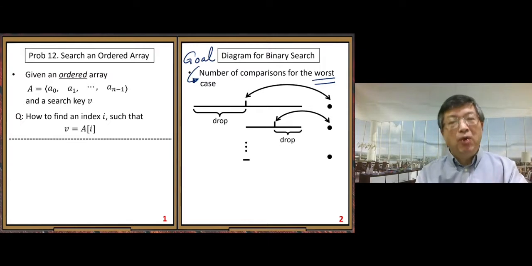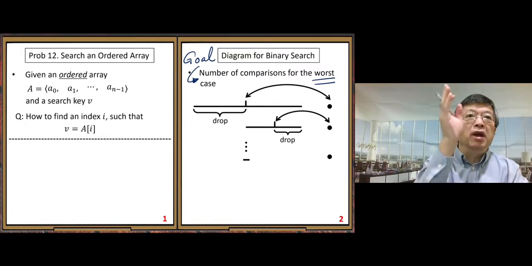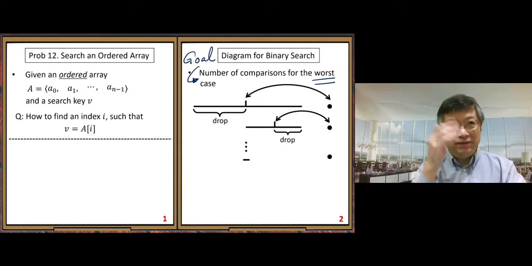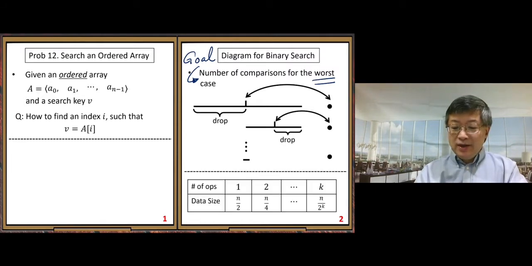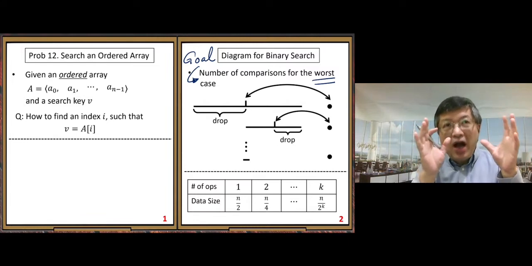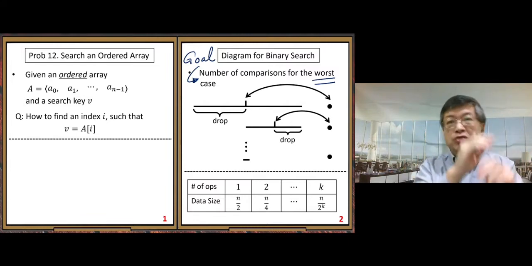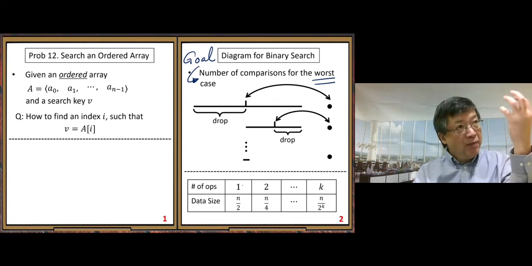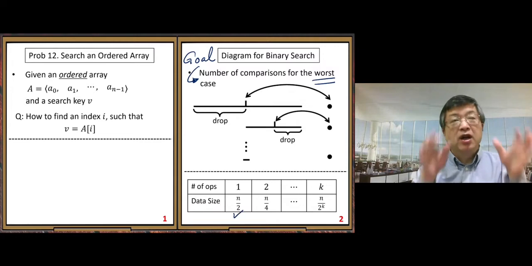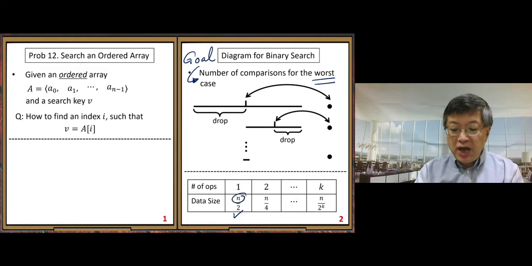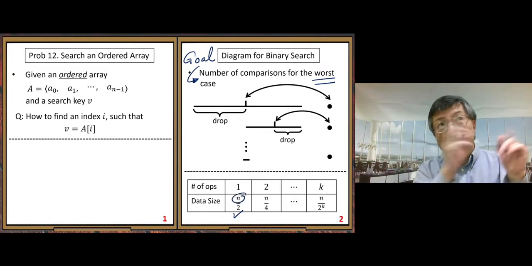We do this on and on, then we want to see what is the last comparison. So the first important question at this point: how do we determine the last comparison? Based on the data size that corresponds to each comparison, after the first comparison, the data size becomes 1/2 of the original size, approximately.